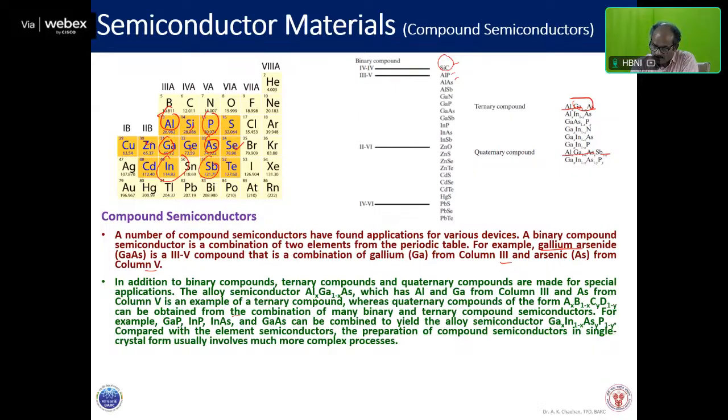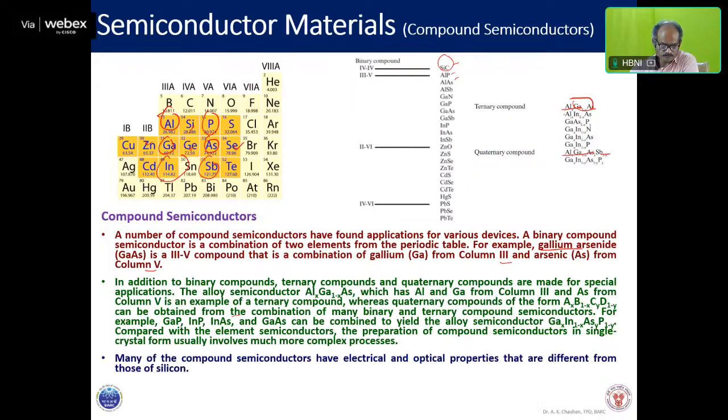Whereas quaternary compounds are of the form A_x B_(1-x) C_y D_(1-y), where x and y are the fractions. Suppose I have aluminium and indium, and the doping is 50-50. So I can write aluminium 0.5, indium also 0.5, and then arsenide.